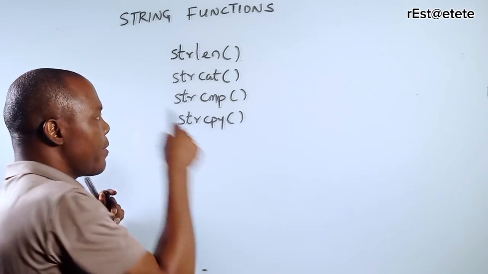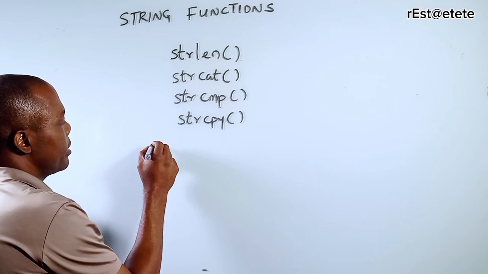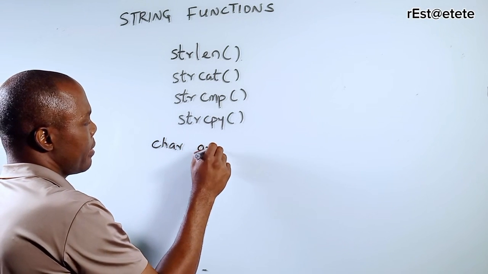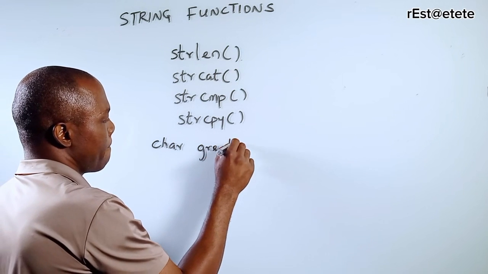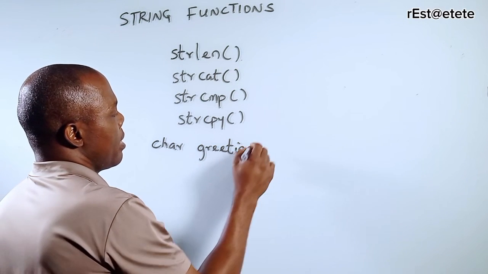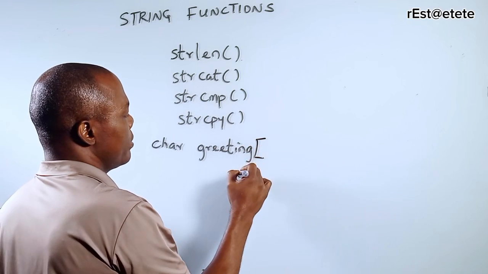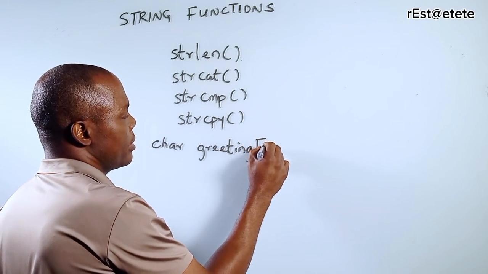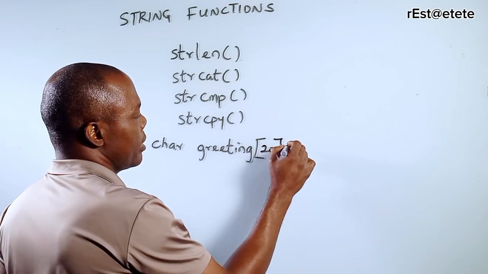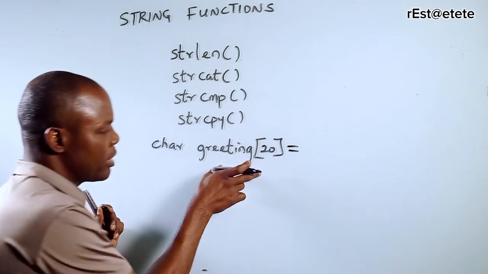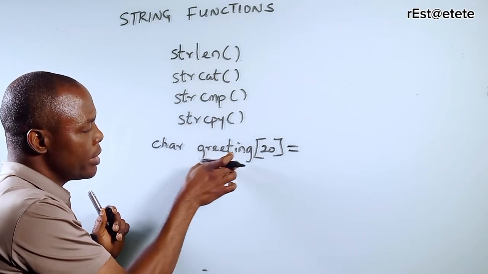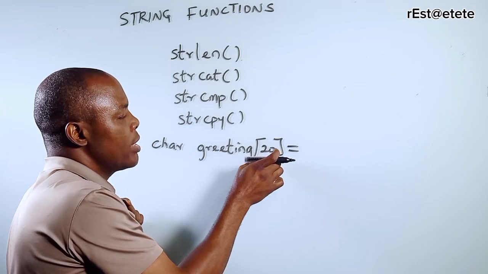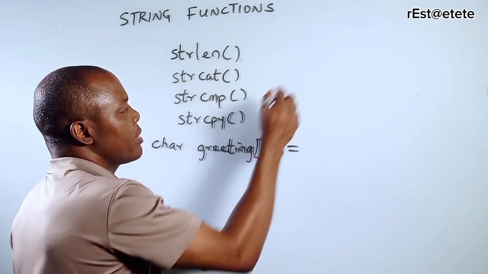Now, if I declare char greetings, and here I put, let's say 20. What I'm simply saying is the string name is greeting, and 20 is the size.